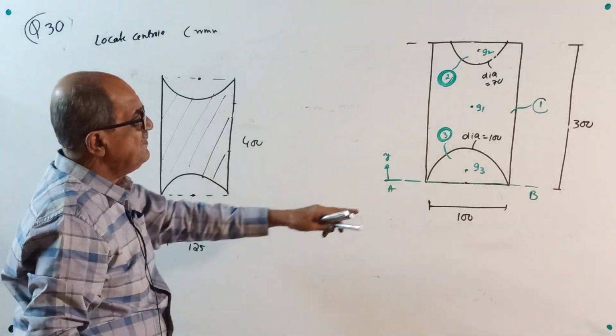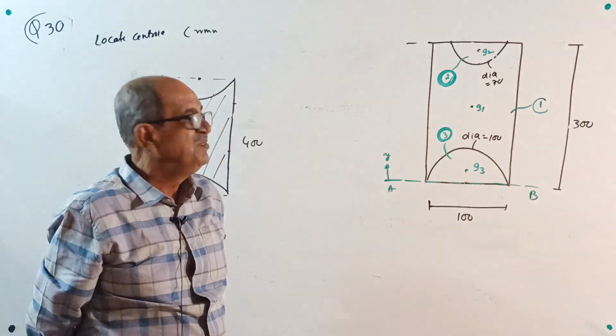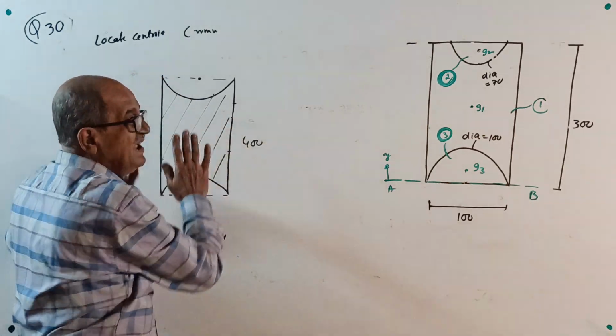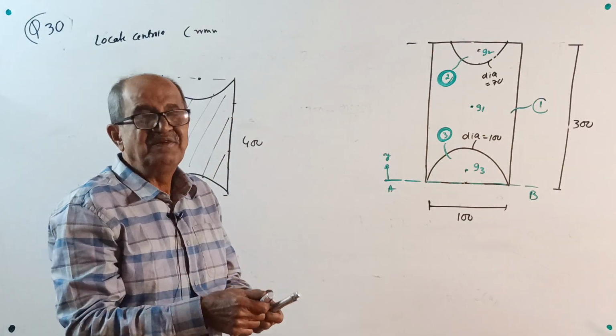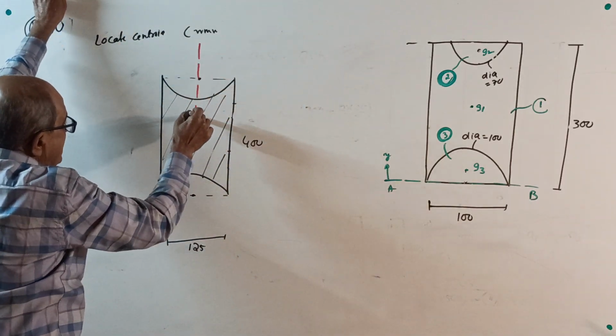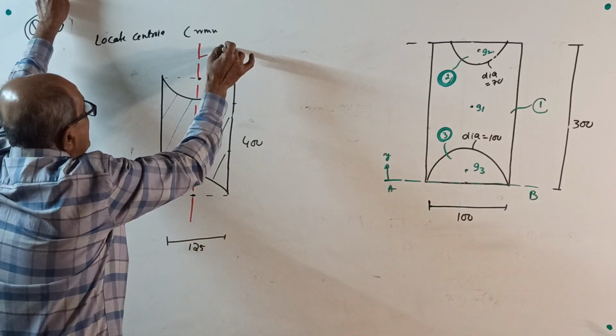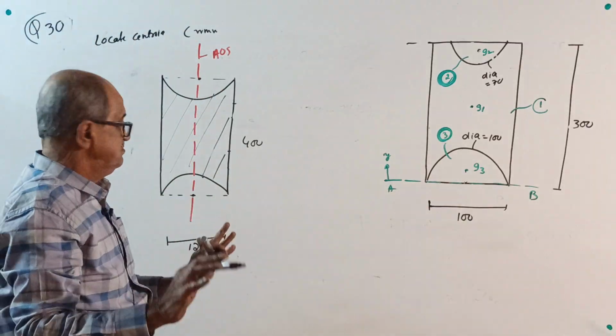It is same as this question, but do not solve. You write the question and directly give the answer, because see, this is an axis of symmetry. You first write the question.